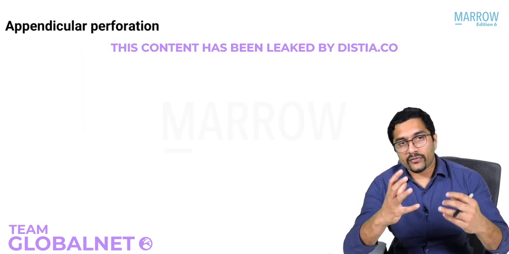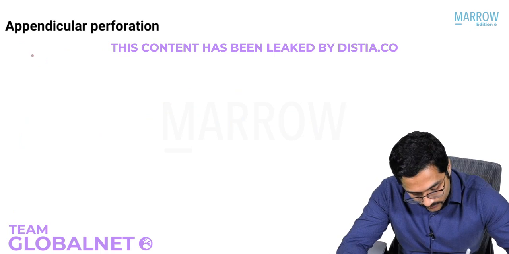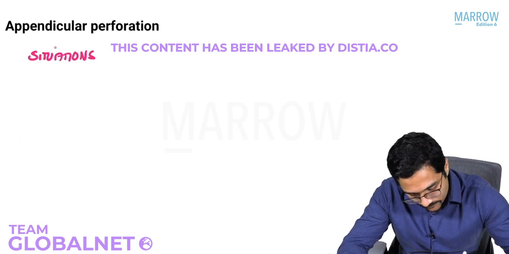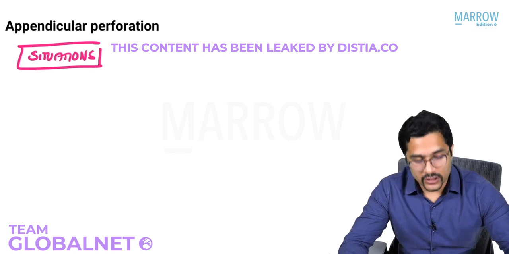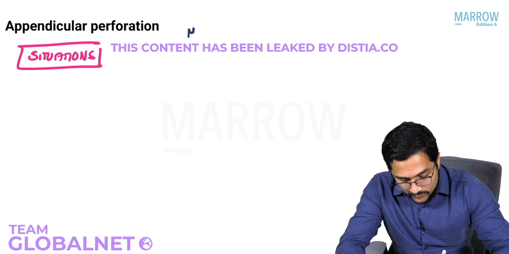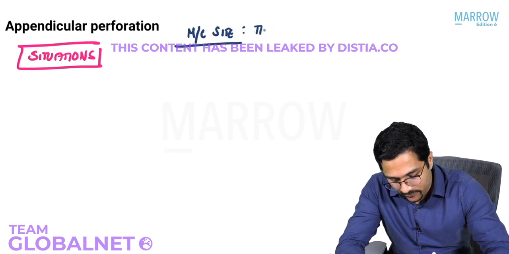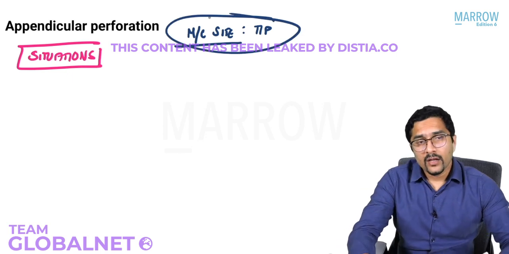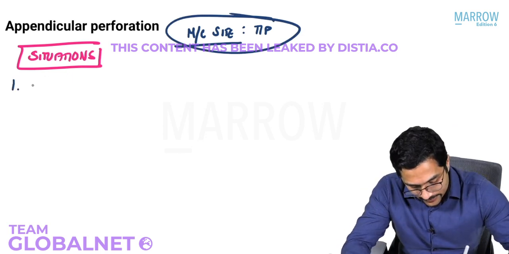So for appendicular perforation, what are the situations where perforation is more common? I've already told you the most common site where the appendix gets perforated is the tip of the appendix. The situations are, first, in infants and young children.